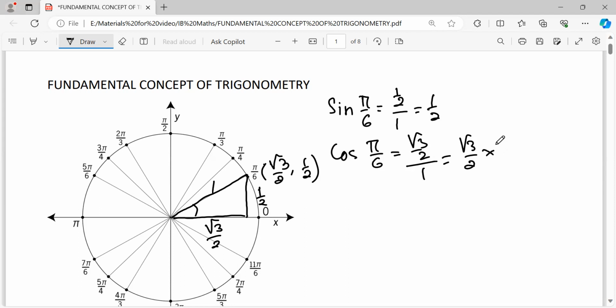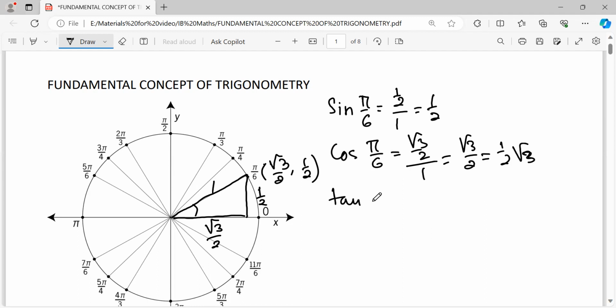Or if you simplify, it's going to be half square root 3.